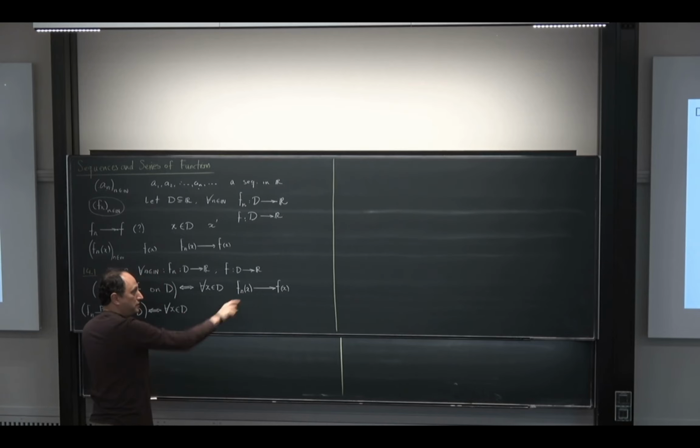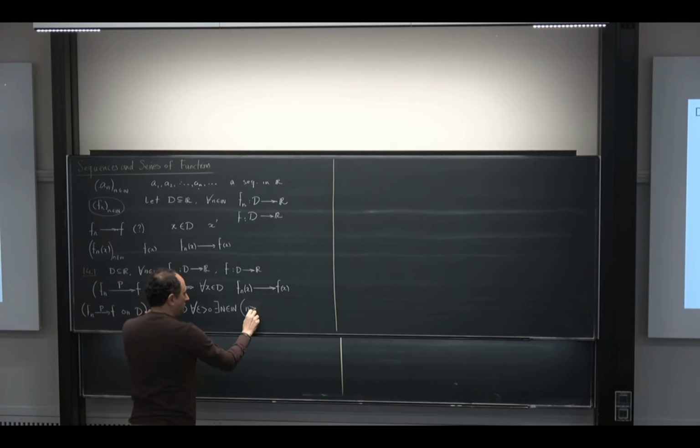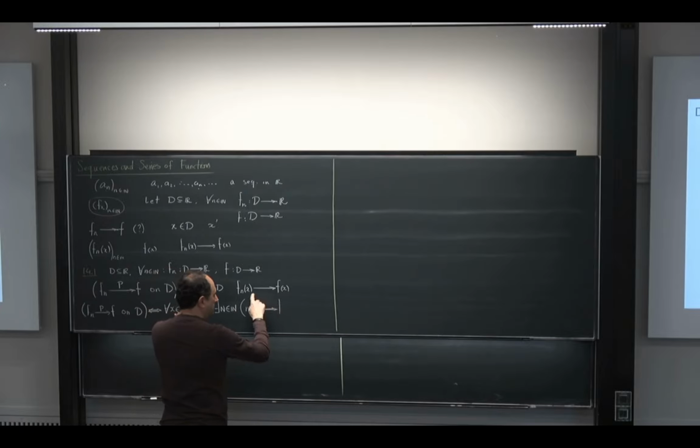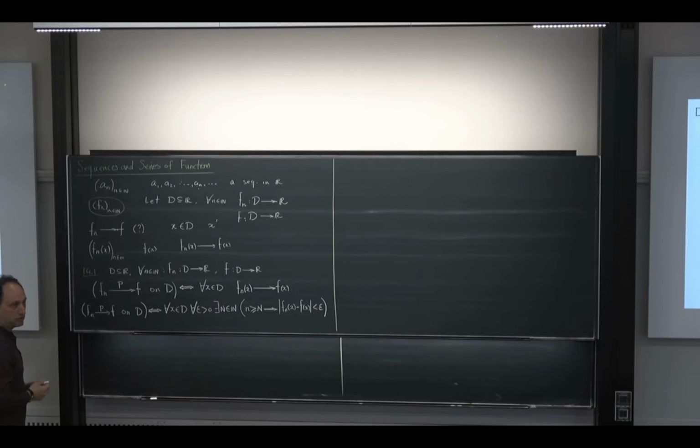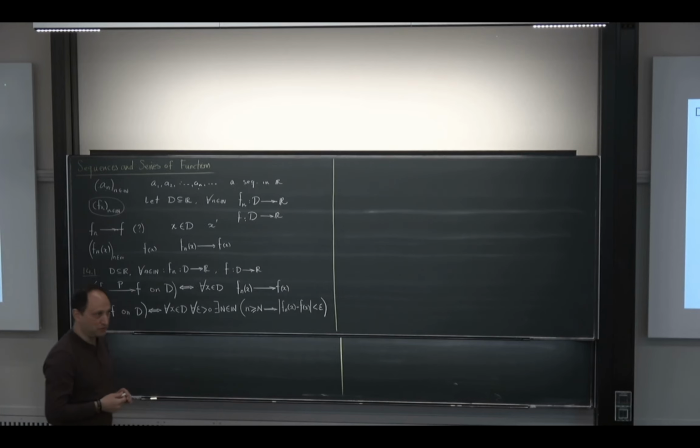But in the language of epsilon, it is: for every epsilon, there exists a natural number N such that if n is greater than or equal to N, this implies that the distance between them, because we are working in R, is less than epsilon. So this is the epsilon definition of pointwise convergence. Is that right? Extremely simple concept, okay?